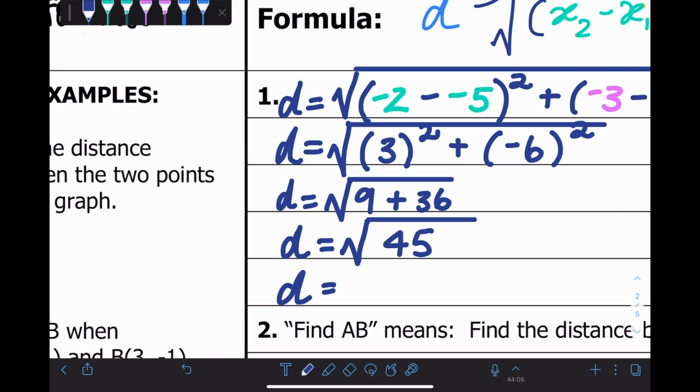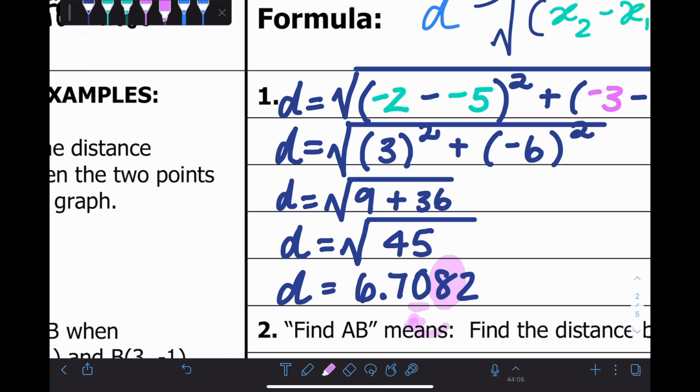Hey Siri, what's the square root of 45? The square root of 45 is approximately 6.7082. I'm just going to go to 2 decimal places, and I know here that if I'm going to 2 decimal places, I look at the third one, and if the third one is above 5, this one goes up.